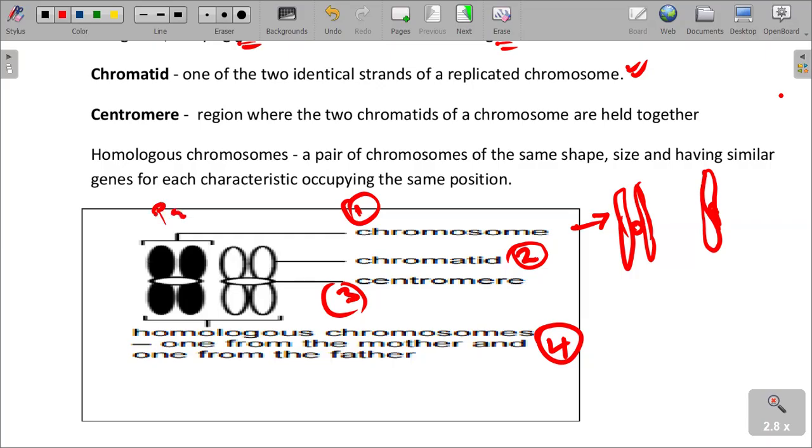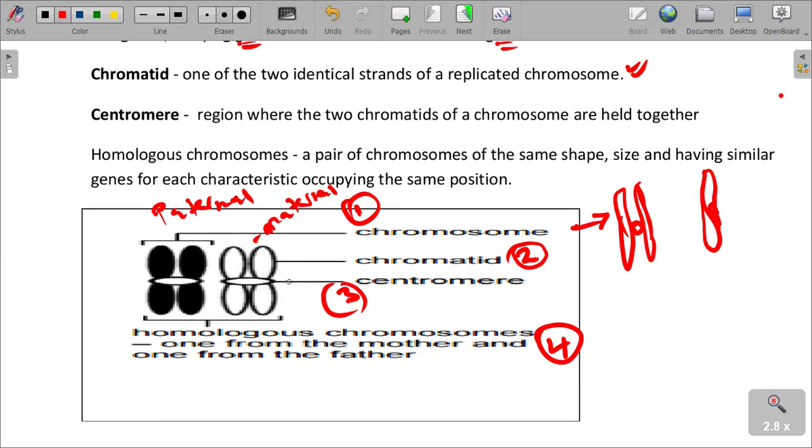So we can say this is paternal, and this is maternal, as to say from the mother. So as they lie together, if we have a paternal and a maternal chromosome next to each other, they are defined as homologous chromosomes.